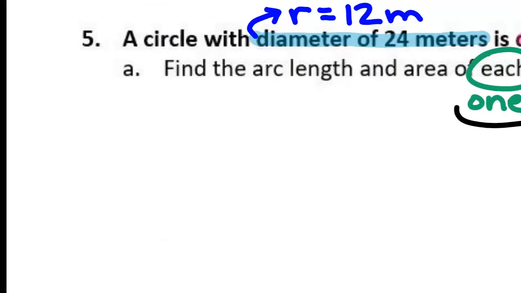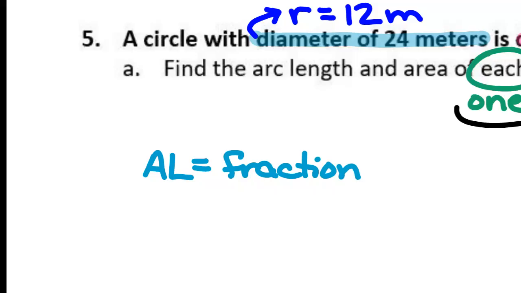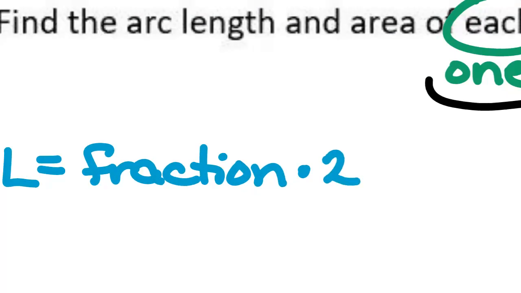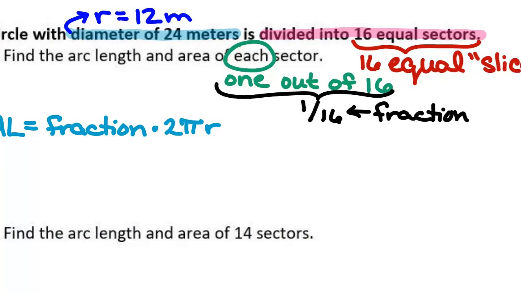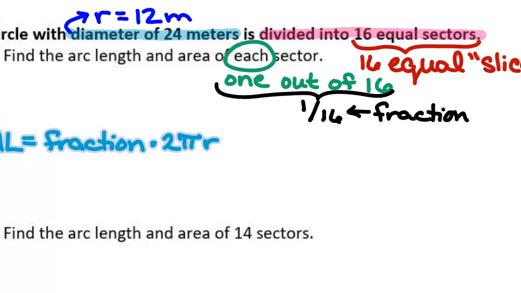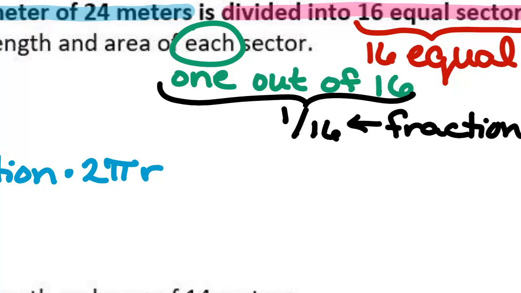All right, so arc length is equal to fraction times 2 pi r. Area is equal to the fraction times pi r squared.